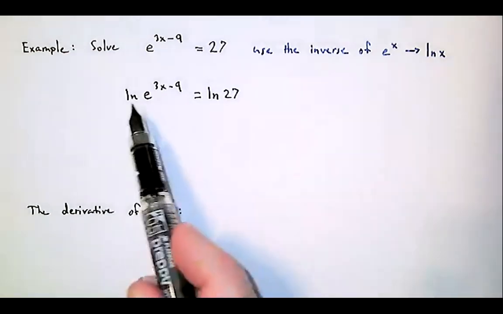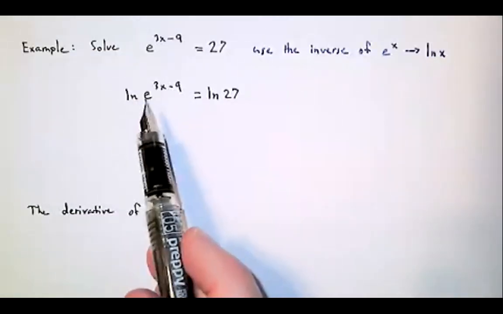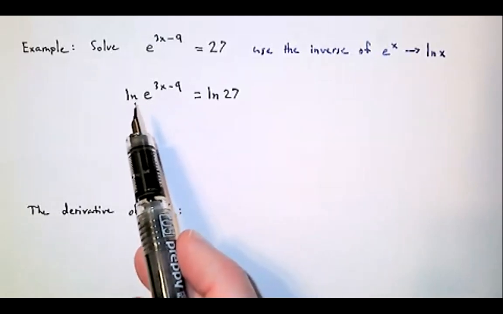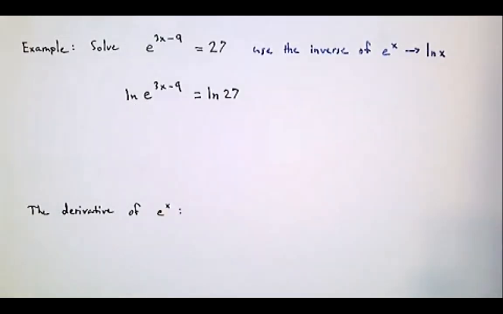So what happens over here on this side? You just end up with 3x minus 9.